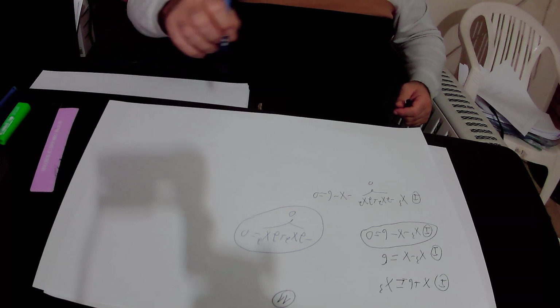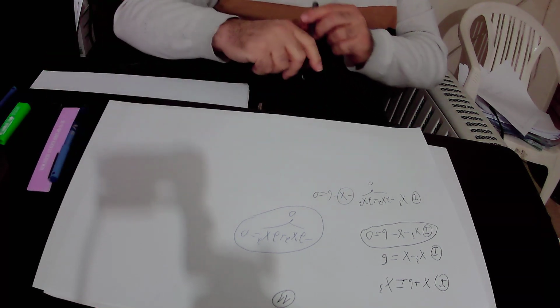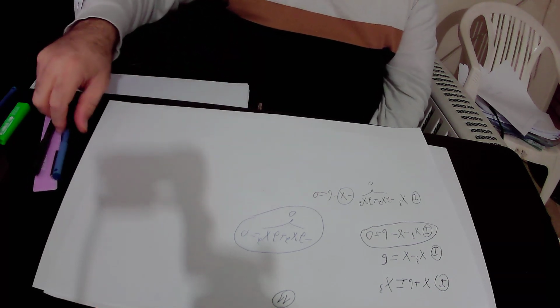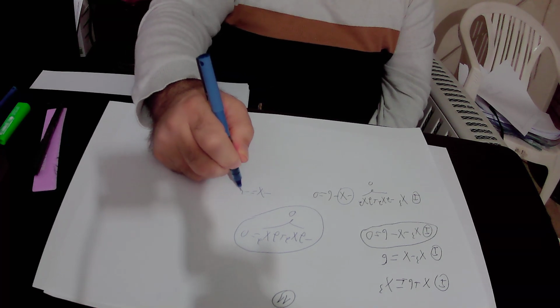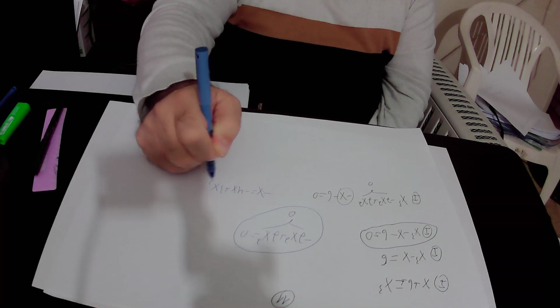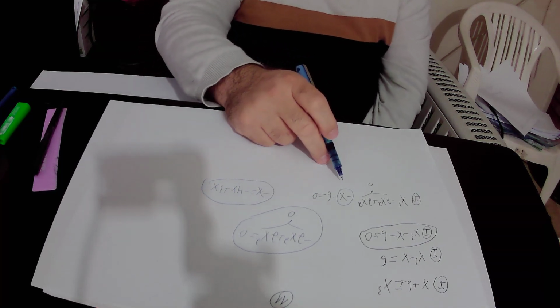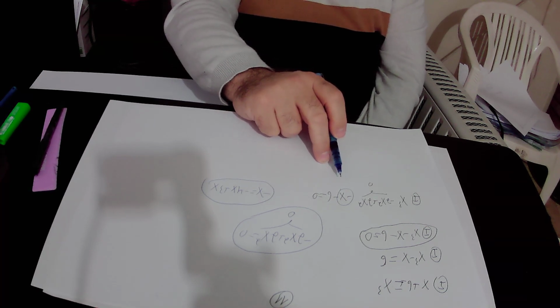Here we will substitute minus x, actually minus x equals minus 4x plus 3x. So we can substitute minus x in this equation by minus 4x plus 3x.